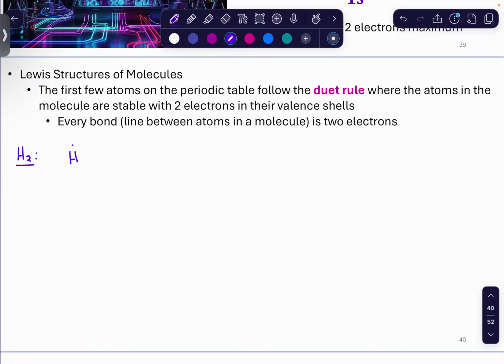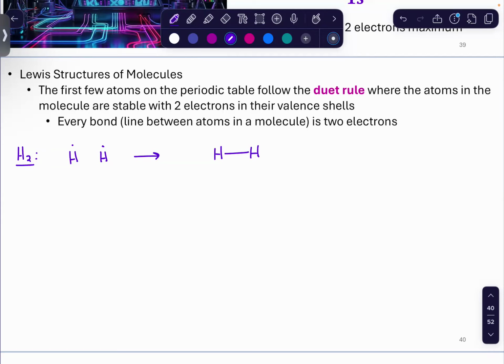So each H atom is going to have a Lewis structure like that. And when I make H2, the way I start building Lewis structures is I'm going to put down my atoms. I'm going to draw a single bond between them. And then I'm going to look to see, are there any electrons on my atomic Lewis symbols that I didn't use?